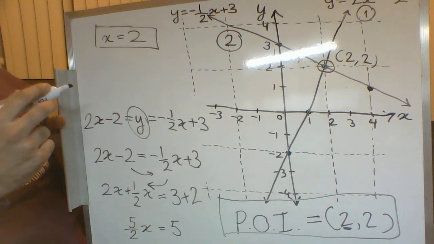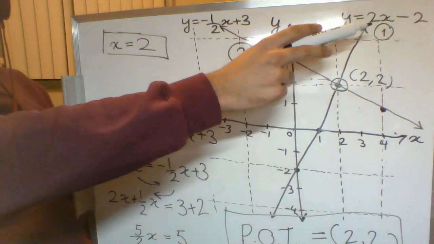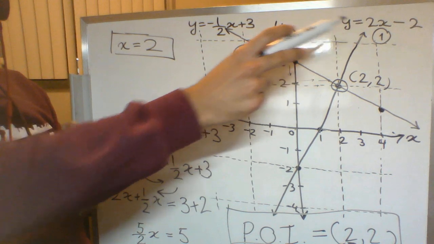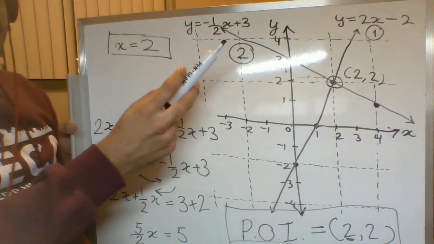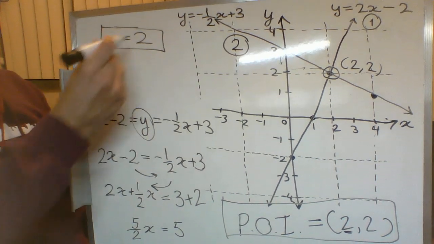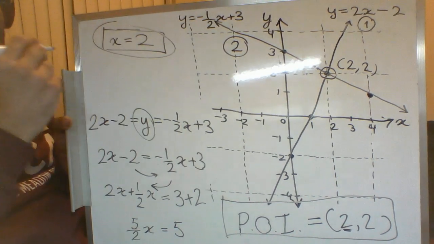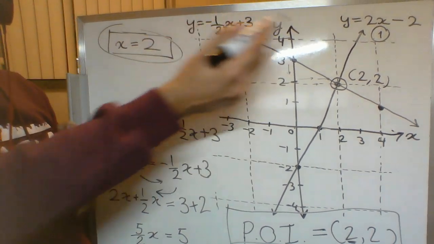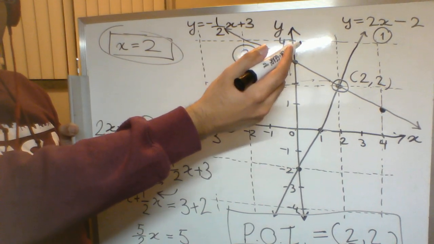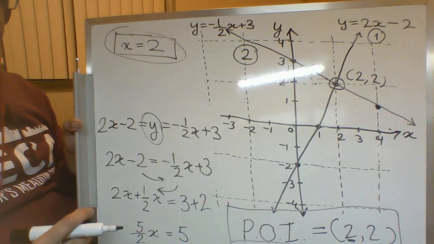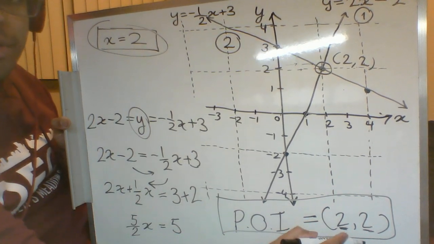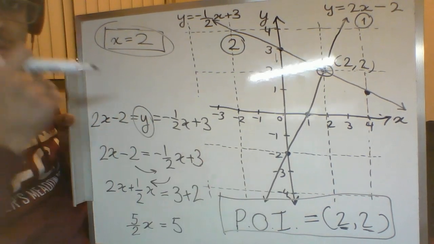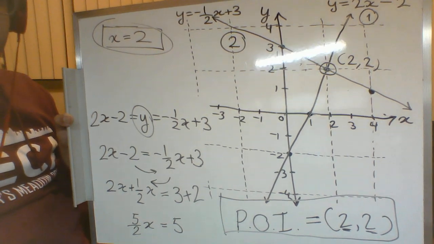Well, we have the two equations. We've got y equals 2x minus 2 up there, and y equals negative 1/2 x plus 3 over here. If you substitute x equals 2 into either of those equations, it'll spit out the y value, and it should hopefully come out to positive 2, because we know from looking at the graph that the y value of the point of intersection should be positive 2.